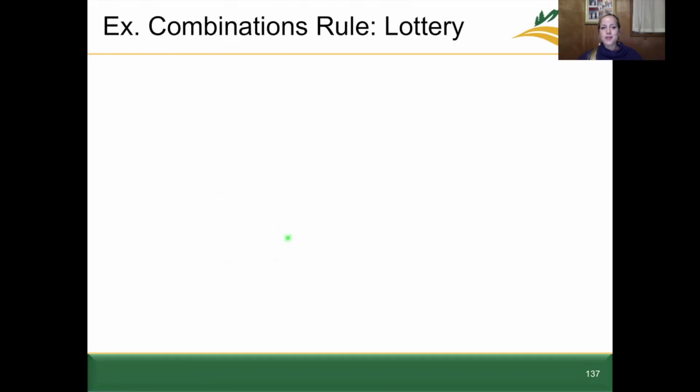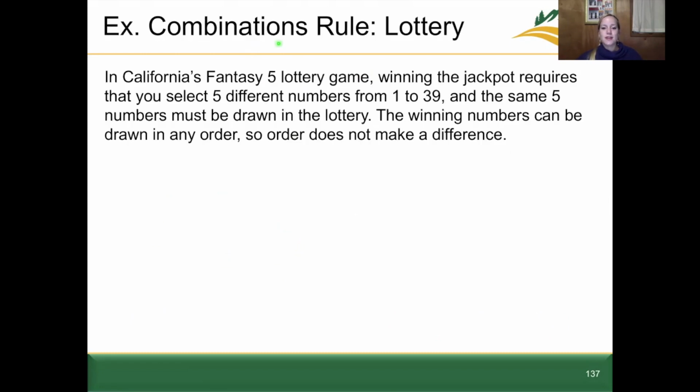Let's do an example using this combinations formula. So here's the scenario. In a California lottery game, winning the jackpot requires that you select 5 different numbers from 1 to 39. And the same 5 numbers must be drawn in the lottery. Here, hopefully it's clear that order does not matter, so then we'd be applying the combinations rule.